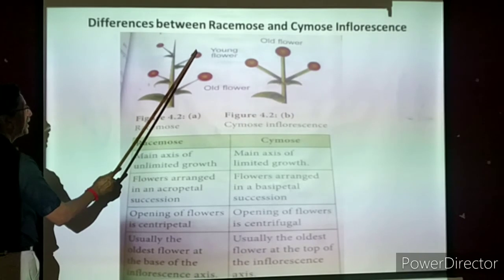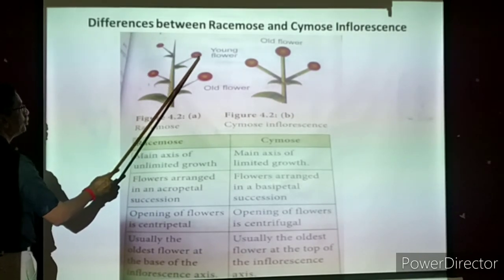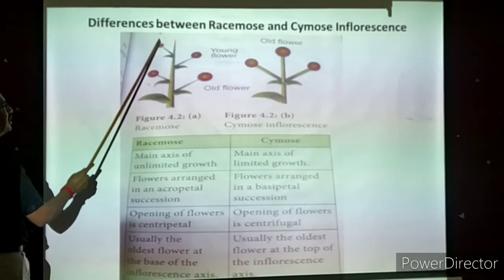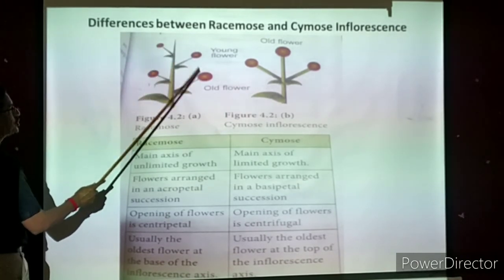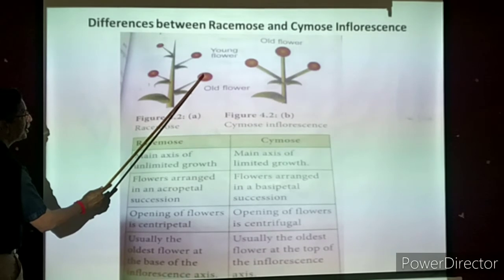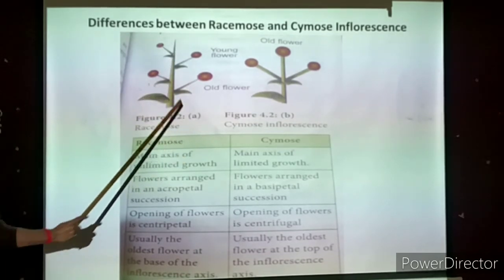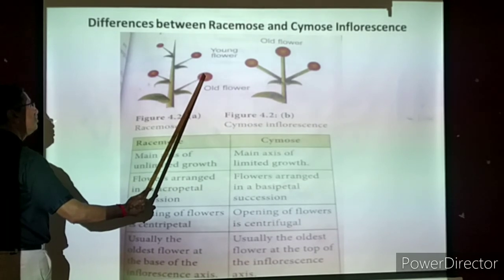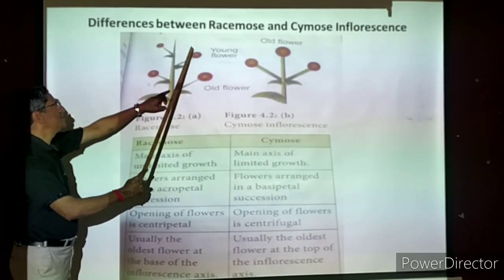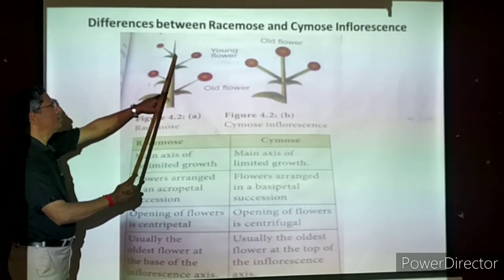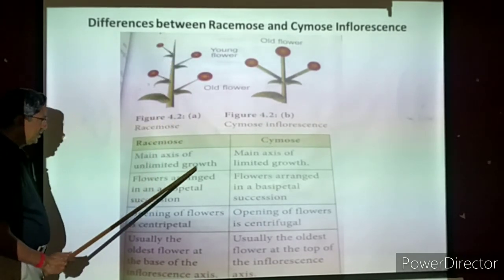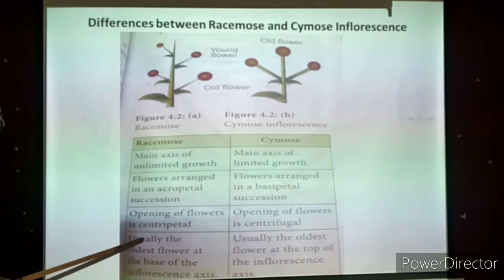The third one is formed. It is younger to the second, and it opens after that, further closer to the peduncle. The fourth is opening further closer. So from the outer towards the center, the opening is taking place. See, one side I am taking. This is opening far off from the peduncle. This is the next one which is opening closer to the peduncle. So the opening is taking place from outer towards the center. That is called centripetal growth.